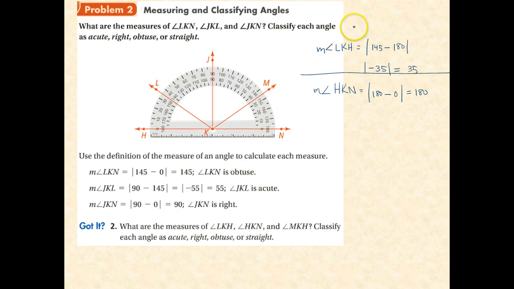You'd say angle LKH, since it's 35 degrees, is acute, a cute little angle. 180 degrees is a straight angle, so angle HKN is a straight angle.